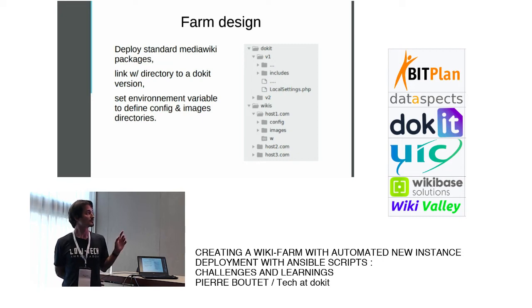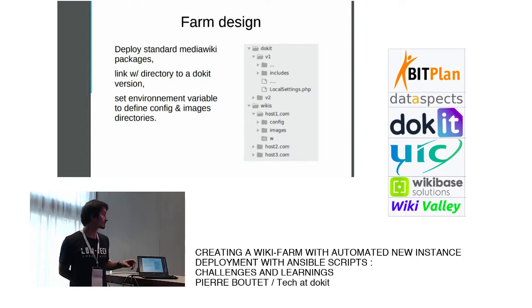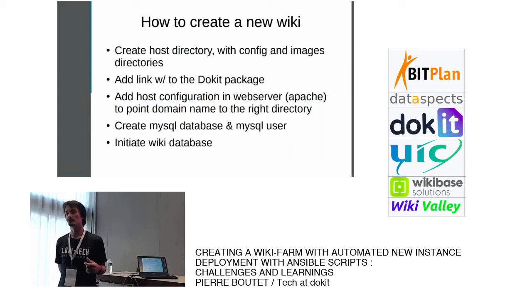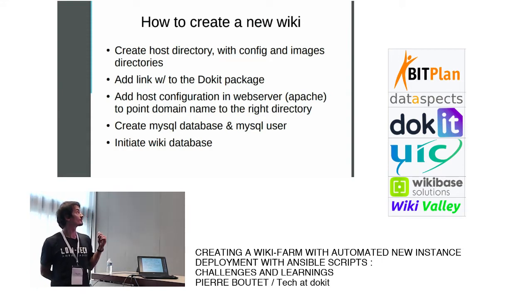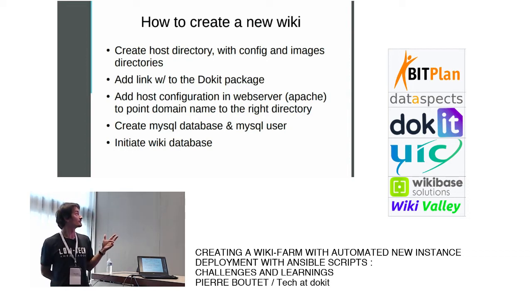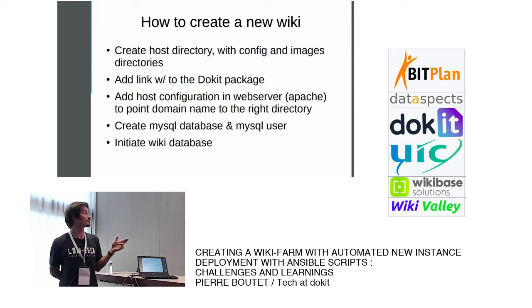So this is a very simple way to host MediaWikis, but it does not provide automation. So what do we have to do to create a new wiki? Here are all the steps. First, we create the host directory and the config files like I just showed. We add the link to the correct dokit version package.